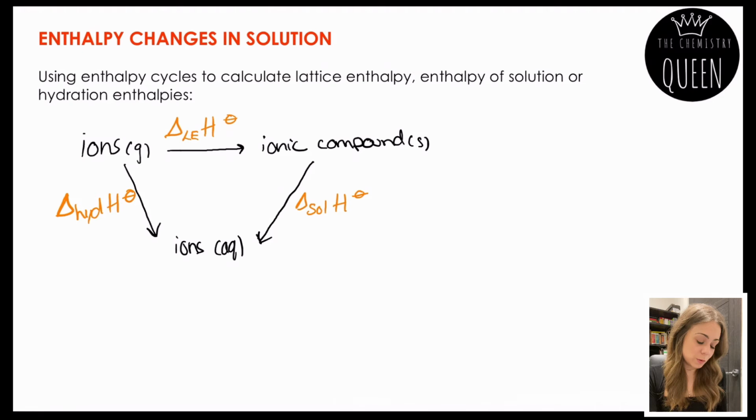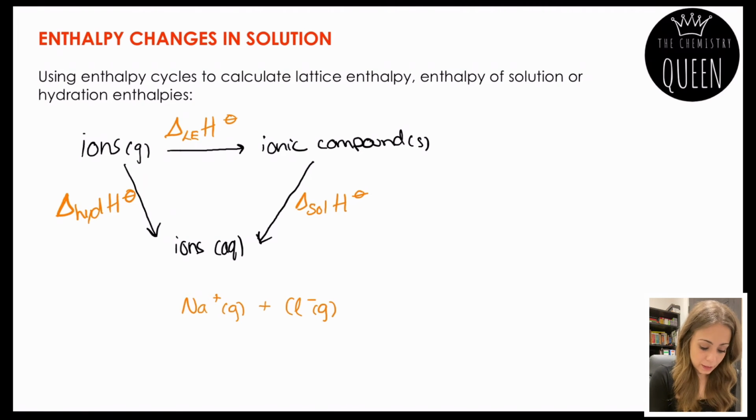Let's apply this to sodium chloride. I'm going to use the enthalpy cycle that I prefer to use. So for sodium chloride, at the top of the cycle, it's going to be lattice enthalpy of formation. And according to the definition, that's when we take the ions in the gas state and we form 1 mole of the solid ionic compound.